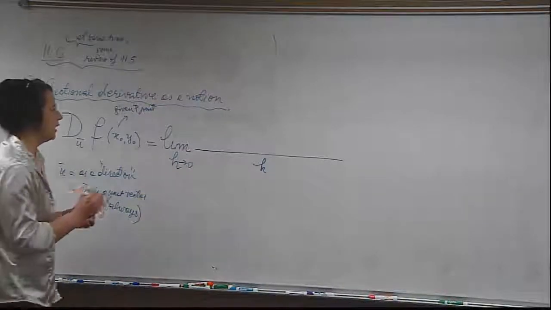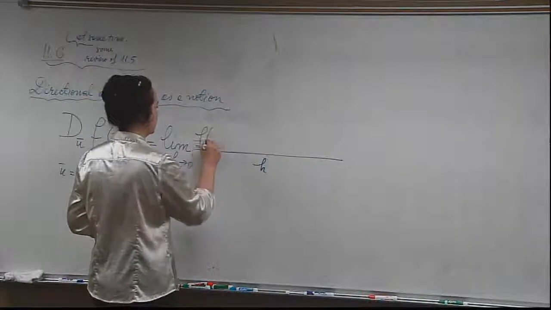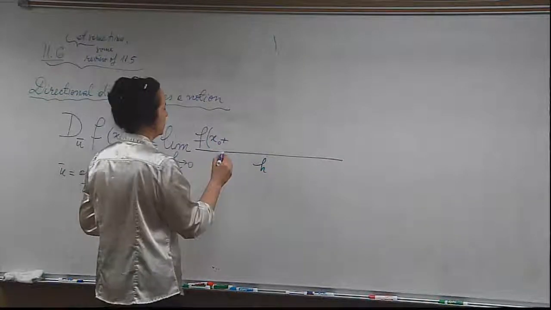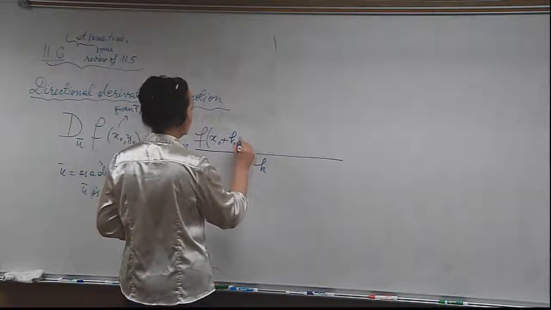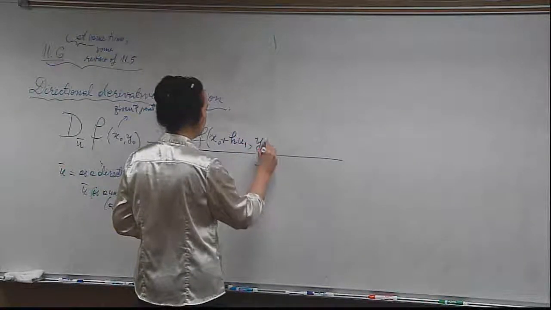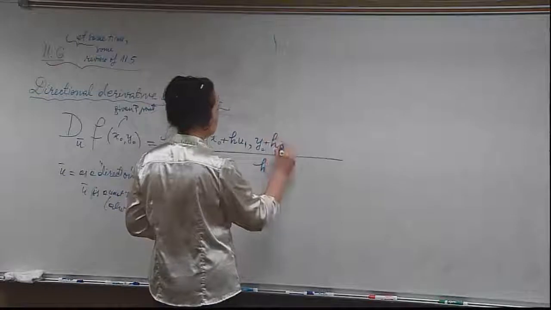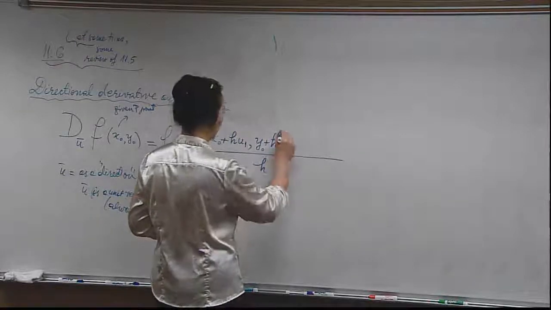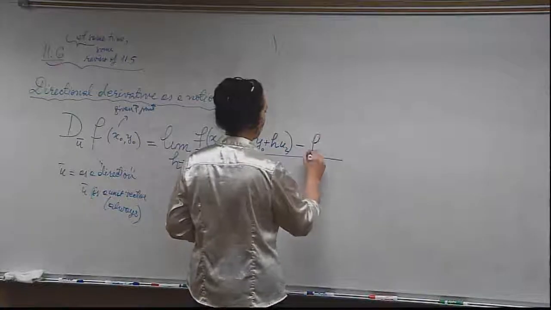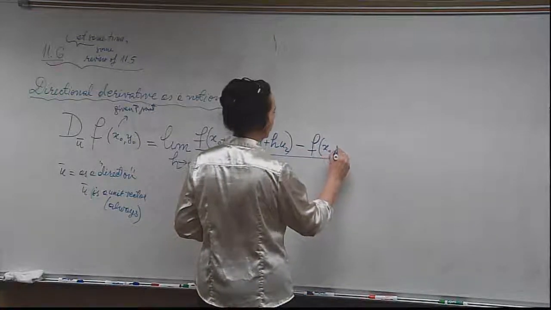And I put here f of (x0 plus h u1, comma, y0 plus h u2), minus f of (x0, y0).